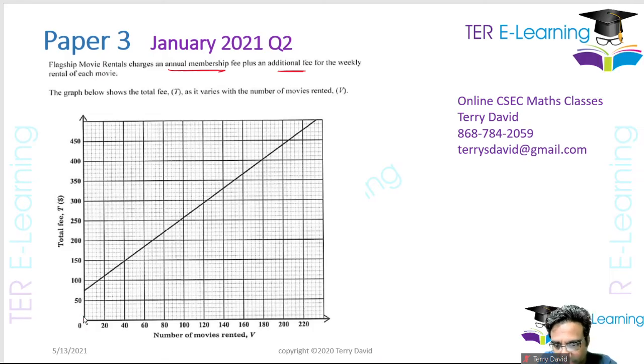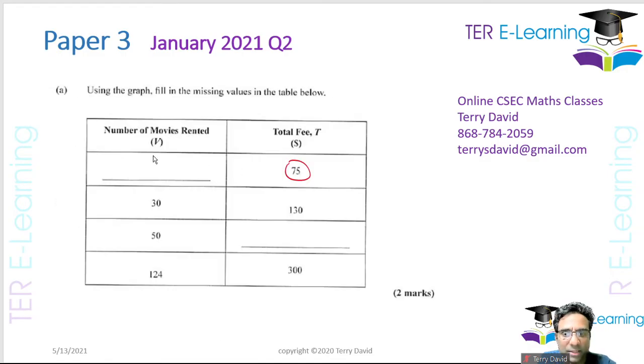You need to figure out what each of these small lines represents. Now that has to be 10, 20, 30, 40, and then 50, right? 60, 70, and this line here looks like where it's 75. That's where my total fee is $75. So therefore, the number of movies rented, I will get 0. There are no movies rented for me to get at $75, right?